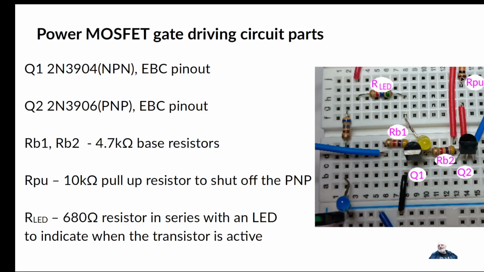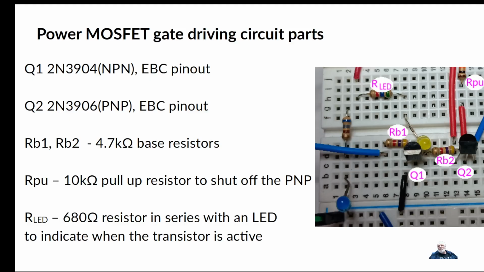Now this pull-up resistor is coming down to the base of Q2. When you shut off Q1, you want to make sure that Q2 also shuts off very quickly, so this pull-up resistor helps pull the base of Q2 back up.